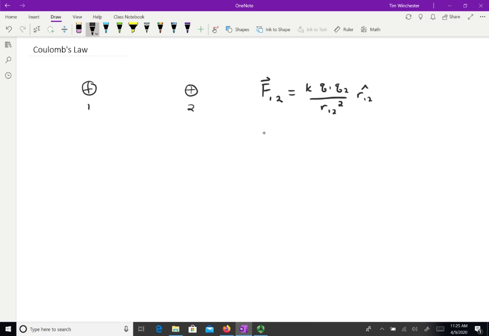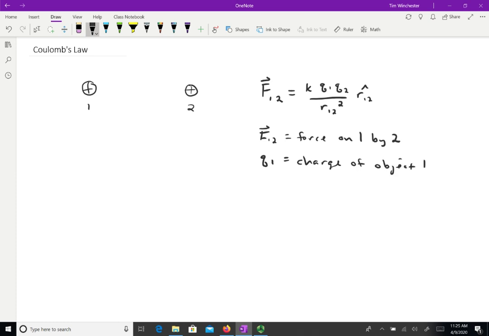So F12 is the force on 1 by 2. Okay, that's my notation for this. And Q1 and Q2 are the charges of object 1 and 2.